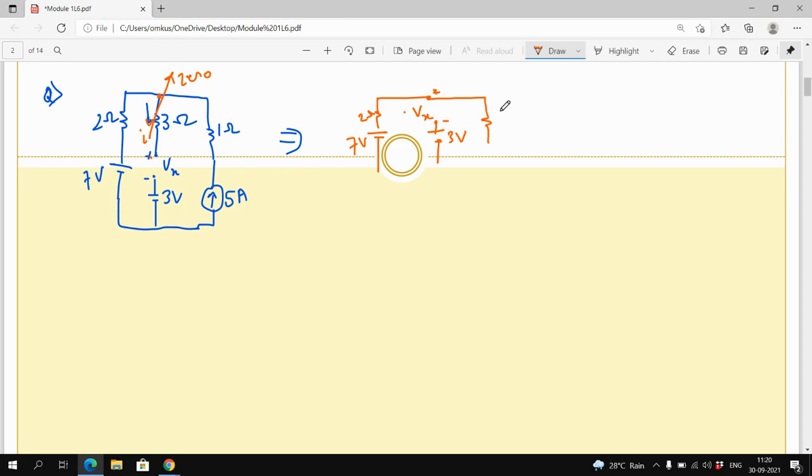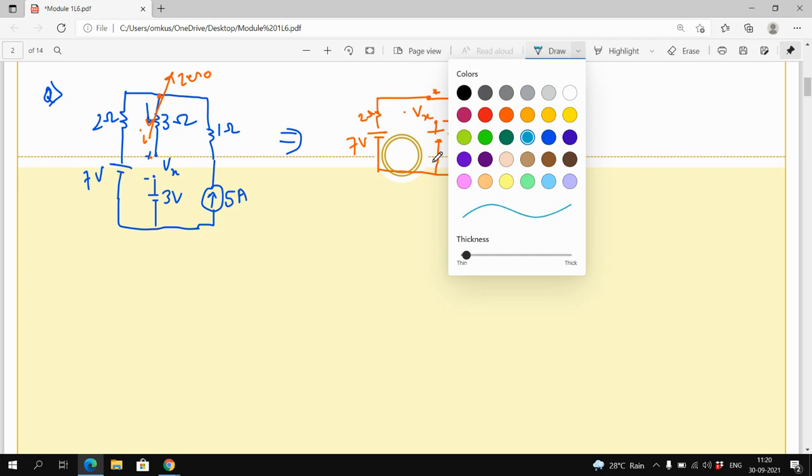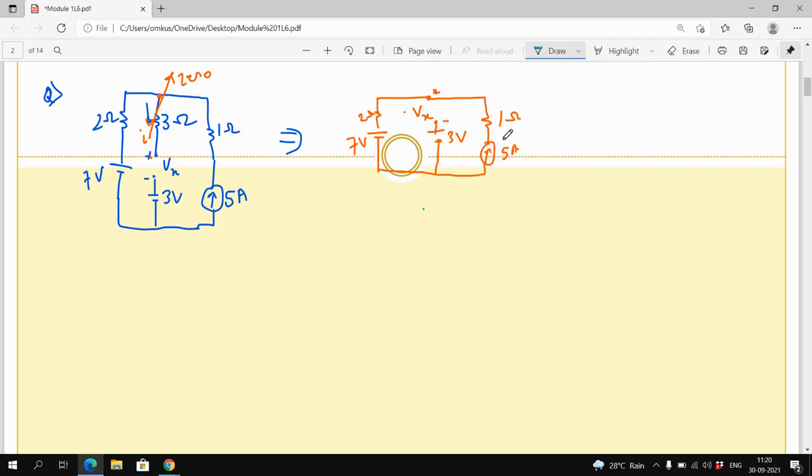Now this is 1 ohm, and this is the current in that circuit. Since this is open circuited, this 5 ampere current is flowing in this loop. What is the polarity of that element? Current starts flowing from this side, so this is the positive terminal and this is negative.